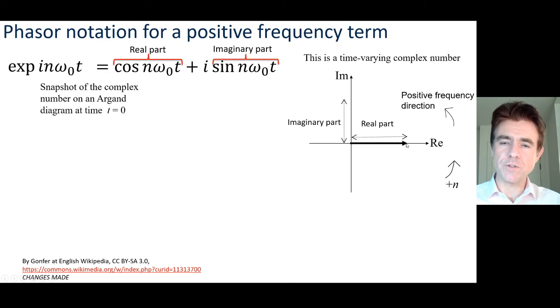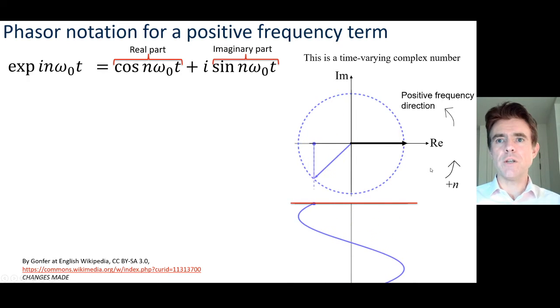In other words, that point in the complex plane for that complex number will now shift, it will now change according to the moment in time t. And we can see it's going to go in this direction because the sine here is a positive function initially, and the cos stays positive as well. So we're going to go in that direction. So that's why I've indicated the positive frequency direction.